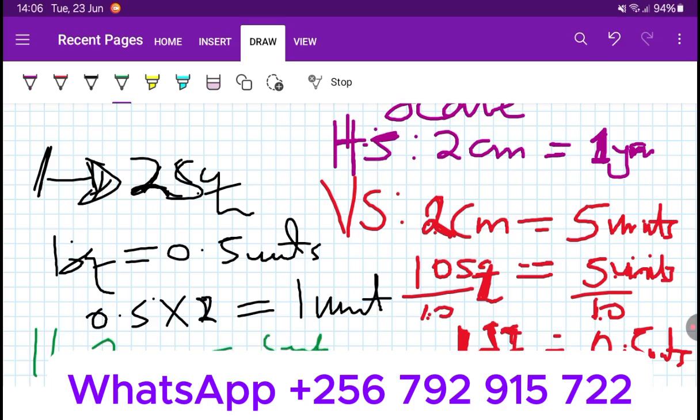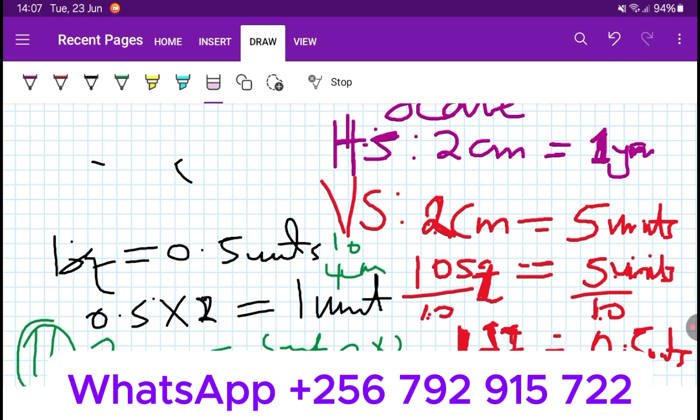It means for me to get 11 units, I have to use 2 times 2, that is 4 centimeters to represent 10 units, because it will be 2 times 5, that's 10. But remember, the figure we are plotting is 11. So we need to count an extra 2 small squares to have ourselves 11.